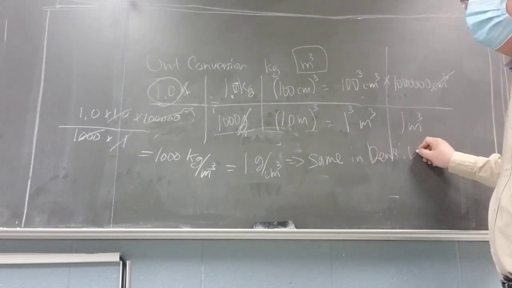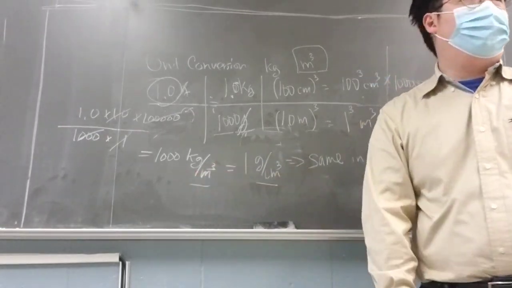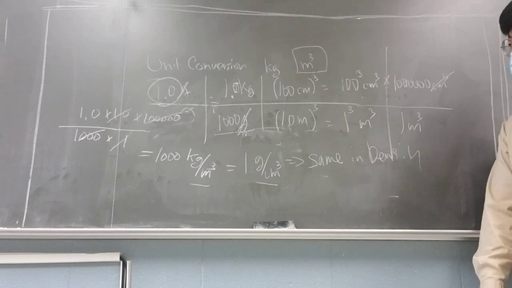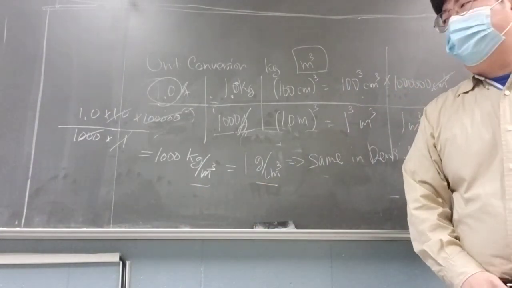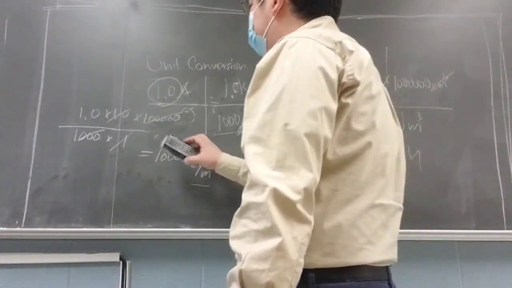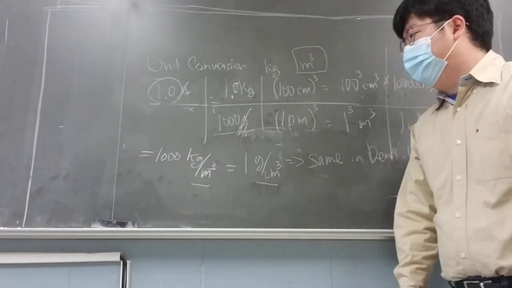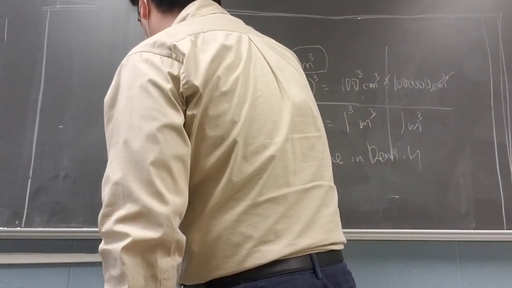Same density, just a different number because you changed the units for the density. Okay. So if I give you some numbers like this, you can do a unit conversion so you can have an answer for it. You can try.